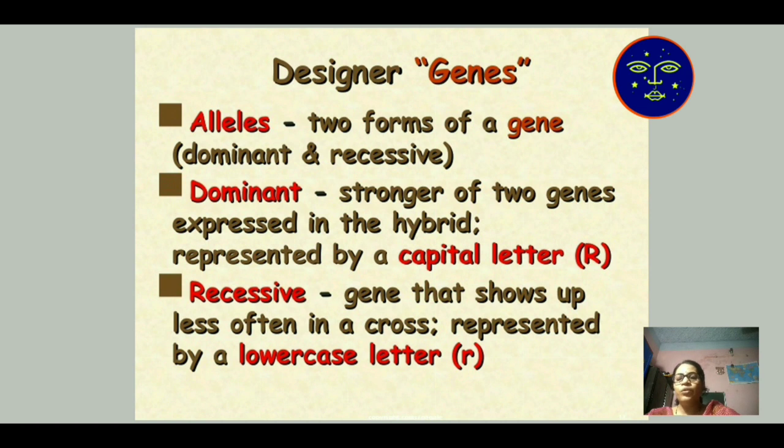For example, two students are there, one is taller and another is shorter. The taller student is represented by capital T, which is the dominant character, and the shorter student is represented by small t, which is known as your recessive character.